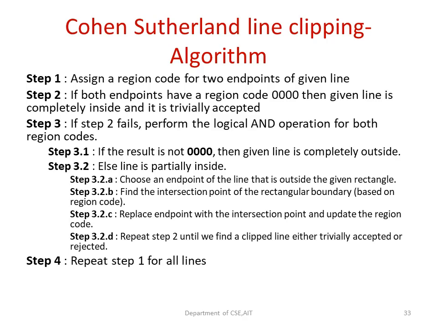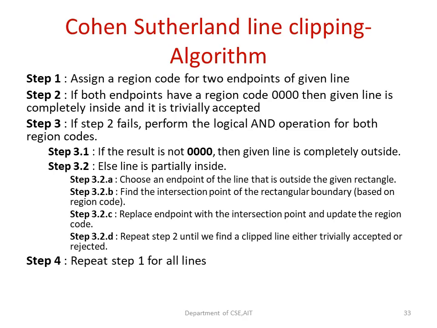If both points are not 0000, then we have to perform a logical AND operation and see whether that value is 0000 or not. If the result is not all zeros, then that line is completely outside the clipping window. If it is equal to 0000, that means the line is partially inside.